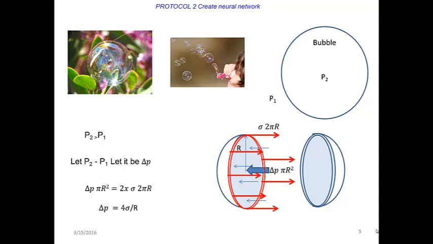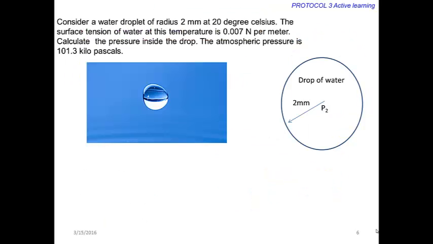Consider a water droplet of radius 2 mm at 20 degrees Celsius. The surface tension of water at this temperature is 0.007 Newton per meter. Calculate the pressure inside the drop. The atmospheric pressure is 101.3 kilopascals.